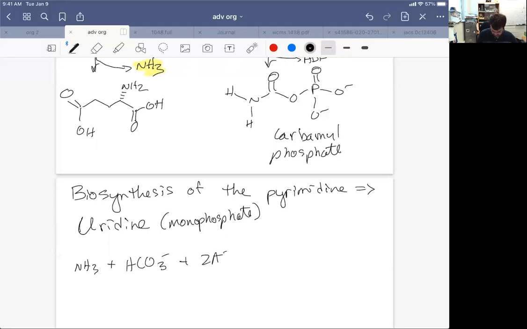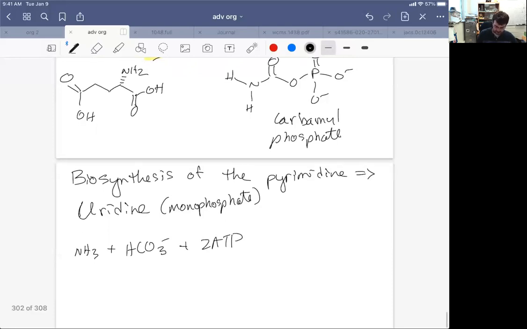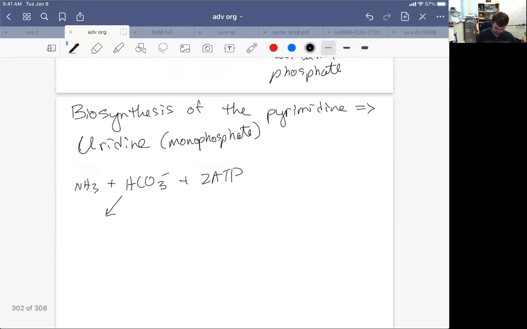We're going to use 2 ATPs to couple bicarbonate with ammonia to make carbamyl phosphate. I'm going to abbreviate the phosphates as Ps, and sometimes it's helpful to put a circle around it.